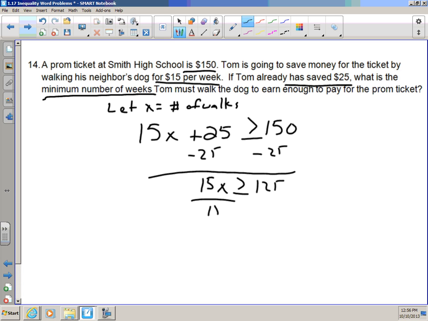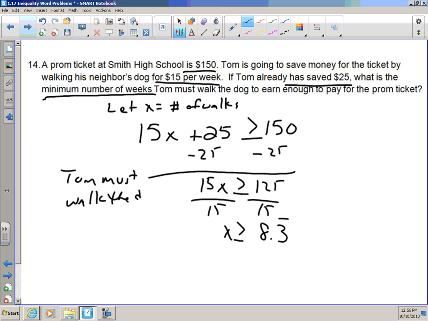I divide. And again, I get an answer that has a decimal, 8.3 repeating. How many walks? Tom must walk the dog at least 9 times.